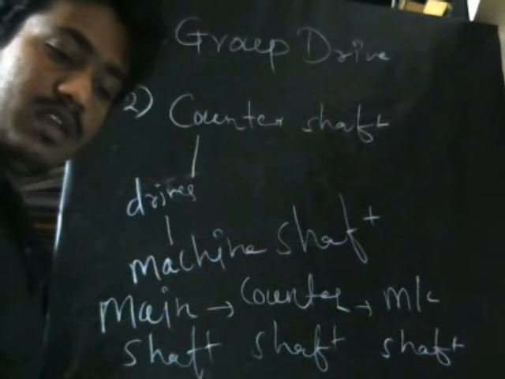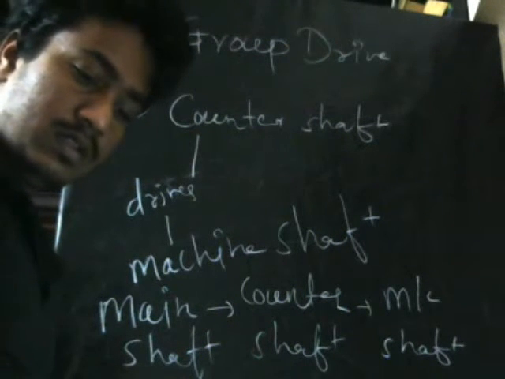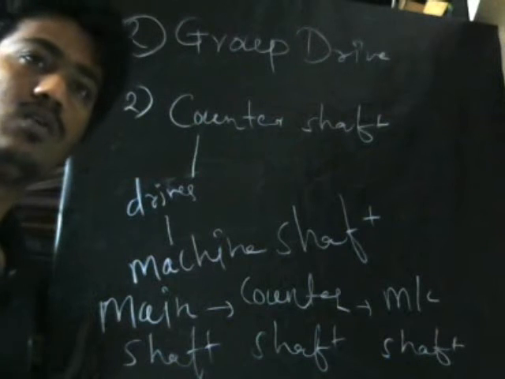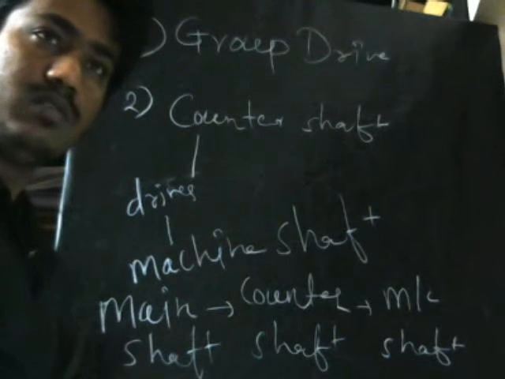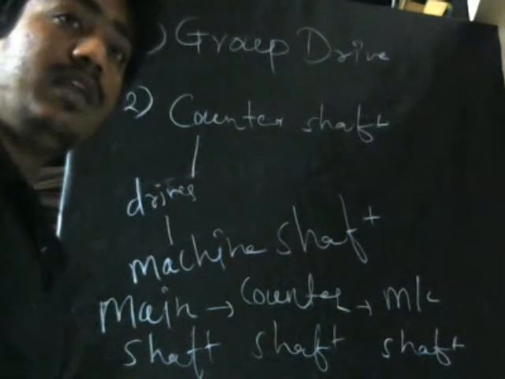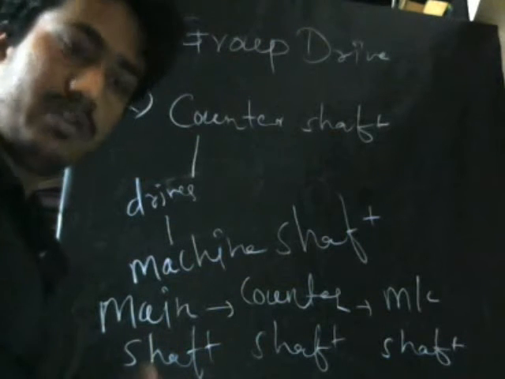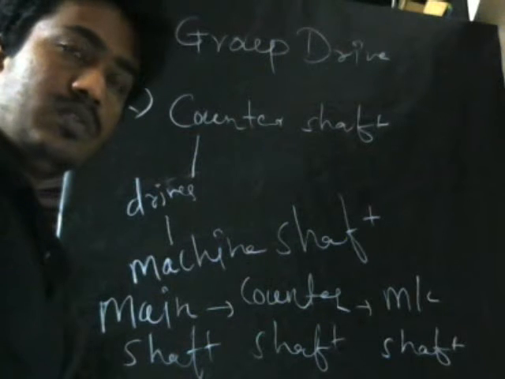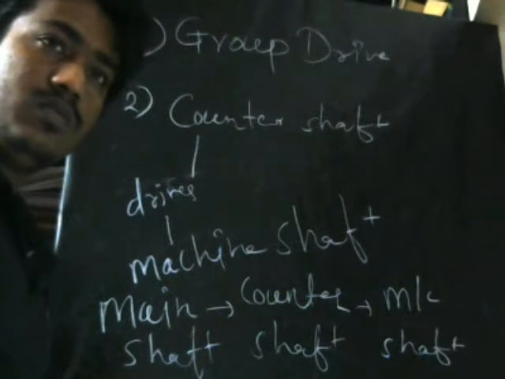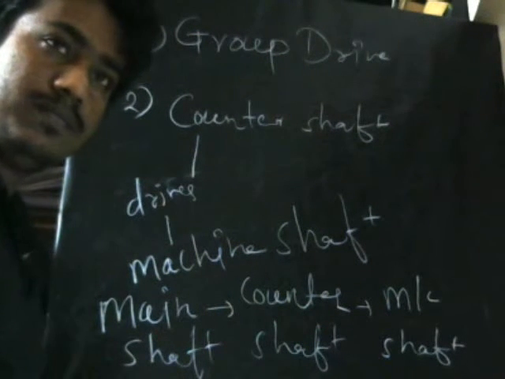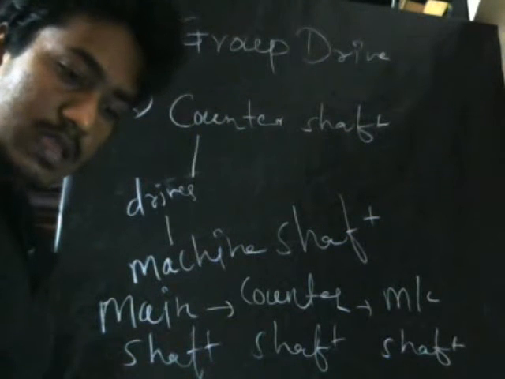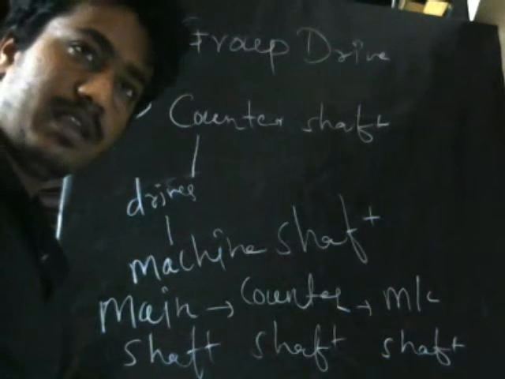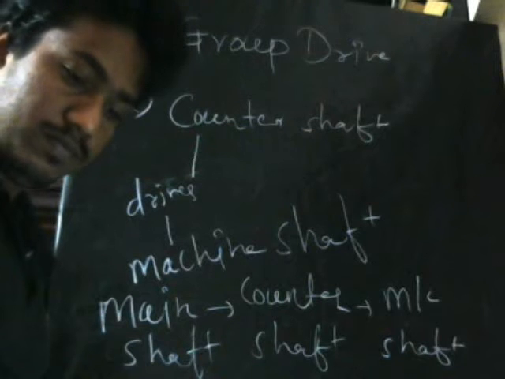So this is what they want to say, that we have cone pulleys and different kinds of pulleys mounted on the shaft from which we directly get power according to our requirement and speed variation range. For that you don't need to use a counter shaft. Okay, you can directly get the required output.